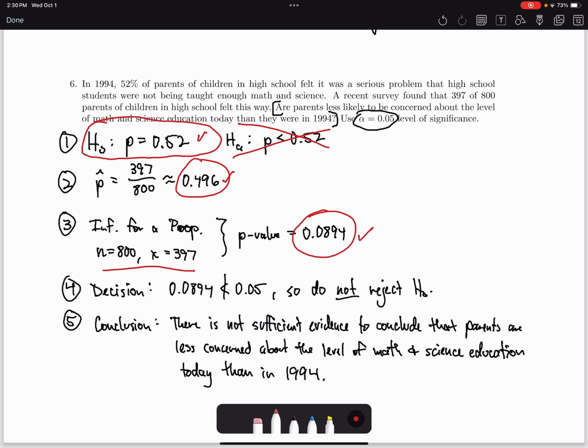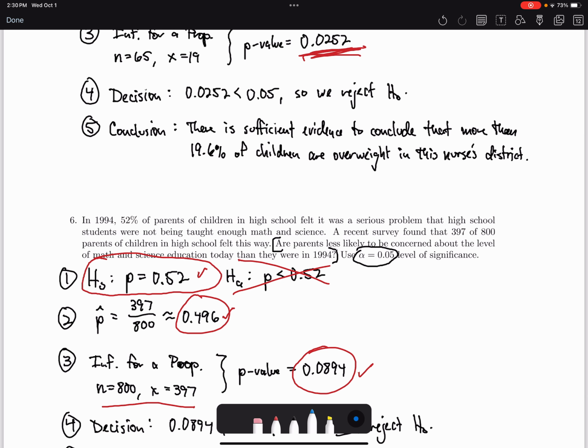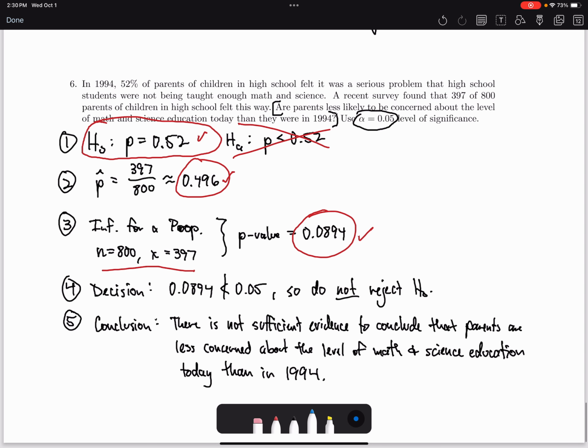Now, the other thing that I want to point out is notice how all of the positive statements in our decision and conclusion go together, right? The p-value is less than 0.05. So we do reject the null hypothesis, and therefore there is sufficient evidence, right? All of those positive statements go together. Whereas all of the negations also go together, right? The p-value was not less than 0.05. So we do not reject the null hypothesis, which means there's not sufficient evidence.